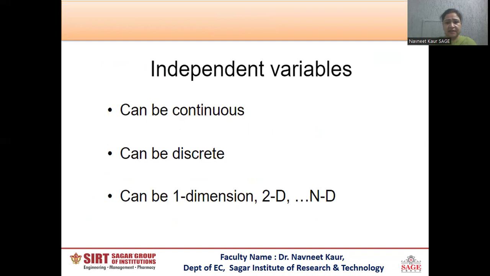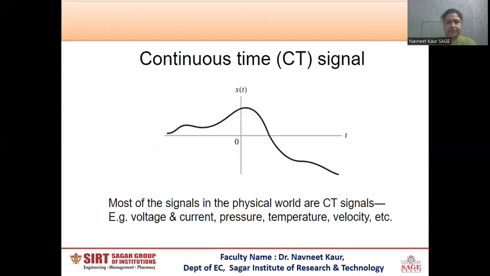Now, a signal is a quantity which depends on an independent variable. This independent variable can be continuous, it can be discrete, or it can be one-dimensional, two-dimensional, or more than two or three dimensions. Now, continuous time signals. Most of the signals which we see in the physical world are continuous time signals.